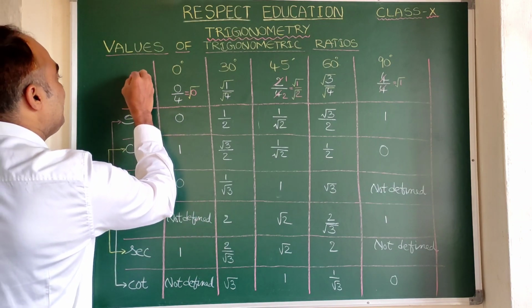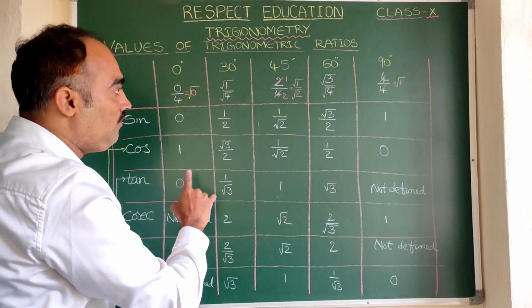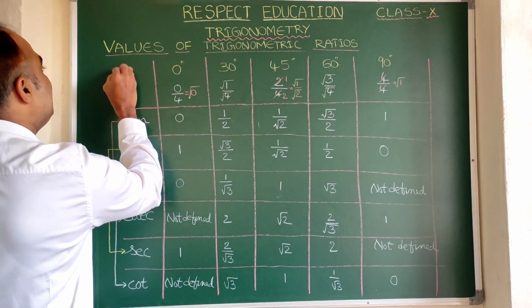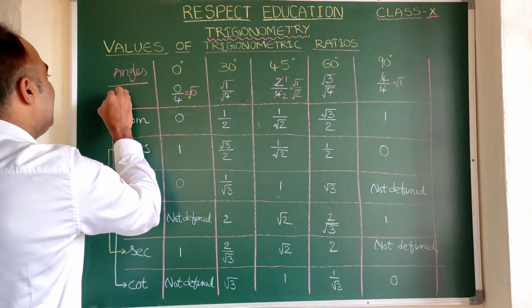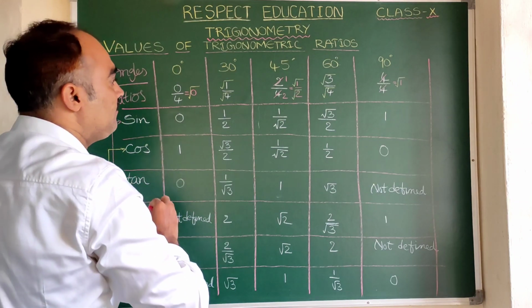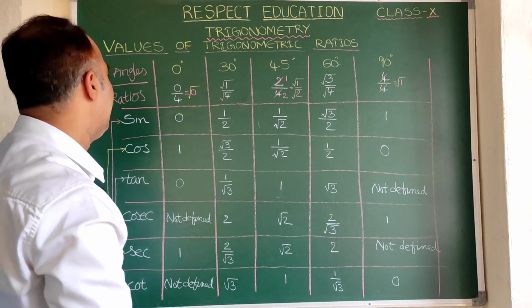In this way we can remember the table of all the 30 values easily. Here these indicate angles and these indicate ratios. Is it clear?